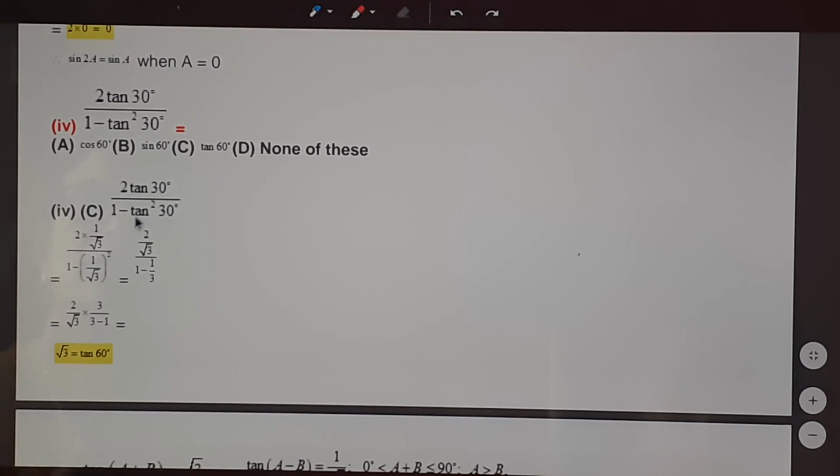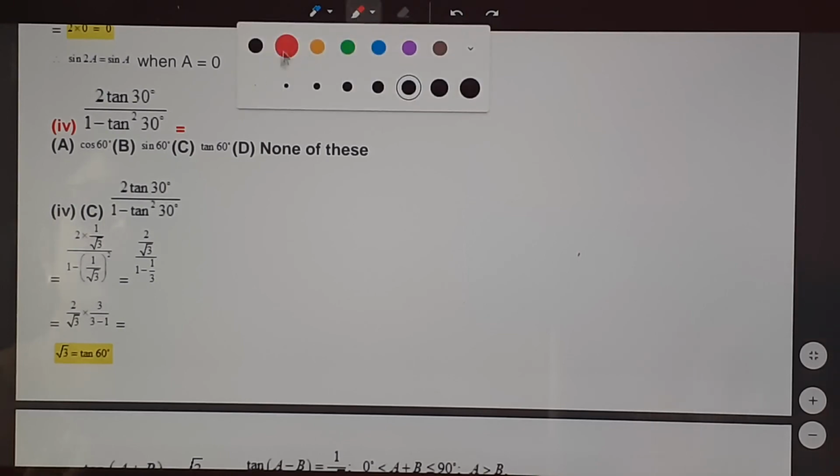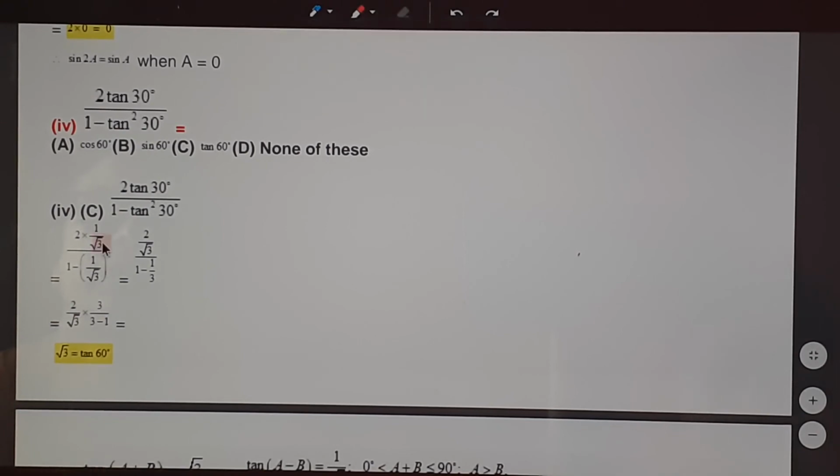Similarly, the fourth one, that is 2 tan 30 degree upon 1 minus tan square 30 degree. You have to solve this question. For tan 30 you substitute the value 1 by root 3, and here again tan 30 value is 1 by root 3 squared. When you substitute these values and solve, you will get the answer root 3. Now you can check the options. Root 3 is the value of tan 60 degree, so we can equate it to tan 60 degree.